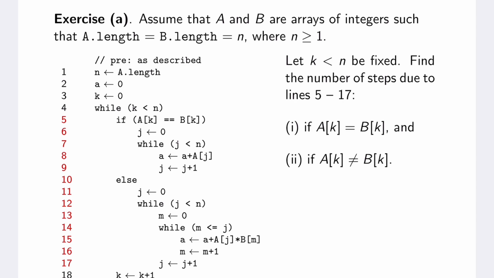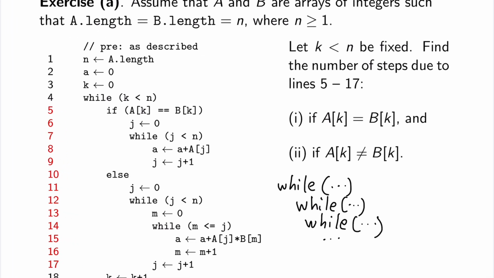If we had an algorithm that had 3 loops all inside of each other, then its cost function would be a polynomial of degree 3.